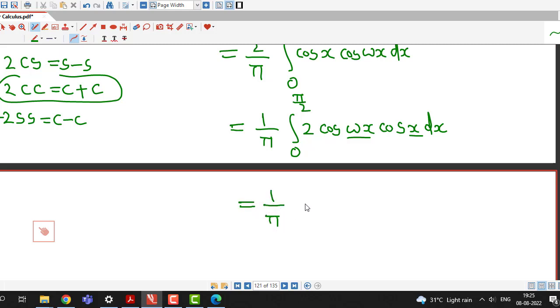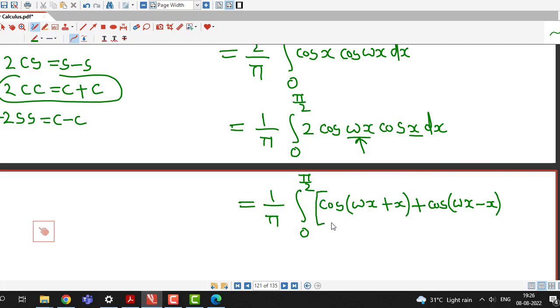This is equal to 1 by pi integral from 0 to pi by 2 of cos plus cos. First I have to add these two angles: cos(omega x plus x) plus cos(omega x minus x). The integral is with respect to x.